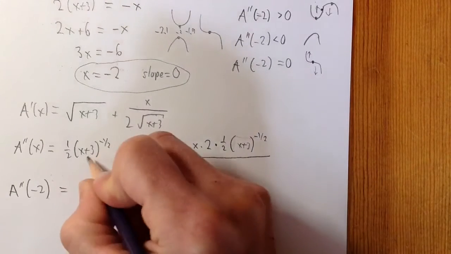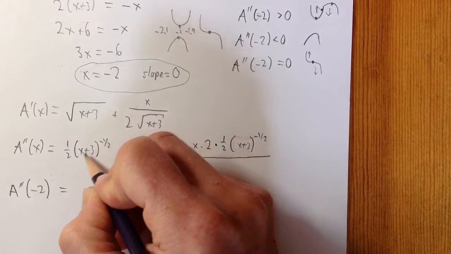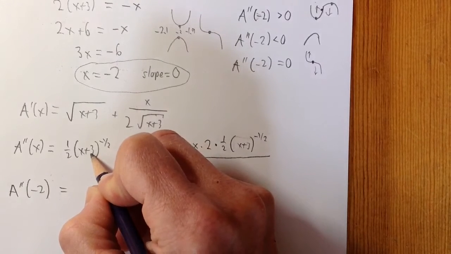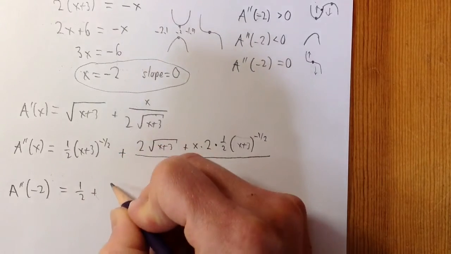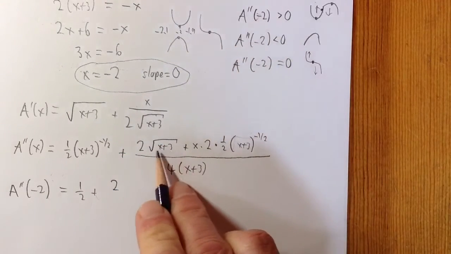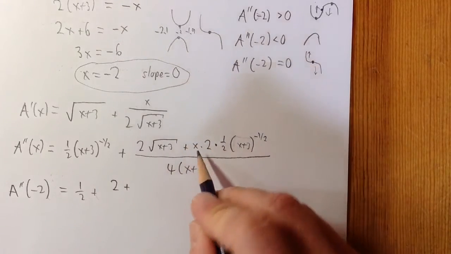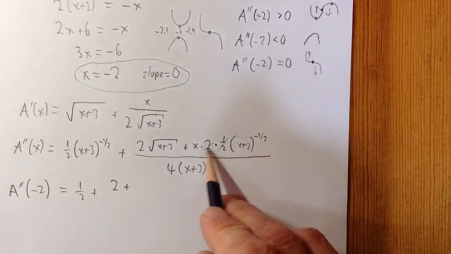So at negative 2, this is just the square root of 1. Doesn't matter if it's negative 1 on the bottom; 1 to any power is 1, because negative 2 plus 3 is 1. So that's just 1/2 plus 2 times, again, the square root of x plus 3, which is just 1. Here the 2 and the 1/2 cancel, so that goes away.